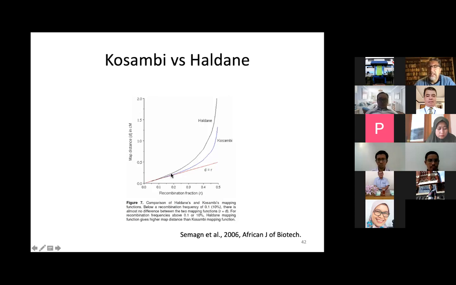The conclusion we can take is, if we are doing a mapping and we use Haldane, we expect to generate larger maps, because for every recombination fraction we calculate, we'll have a larger map distance in our map. And if we switch to Kosambi, our map is going to shrink. It's going to be smaller because you're considering interference here.